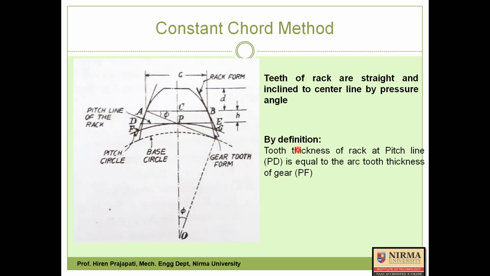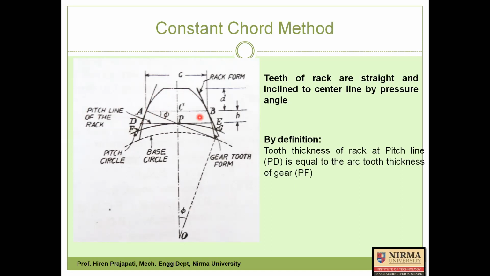Now, as per the name, constant chord method. If you look here, when you take three or four different gears with the same module, whatever the number of teeth on those gears, if you mesh same-module gears against a rack of the same module, then the teeth of those gears always make contact with the rack at these two points A and B only, irrespective of the total number of teeth on the gear.